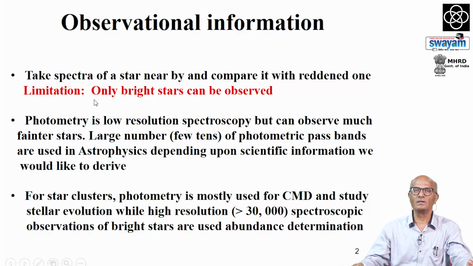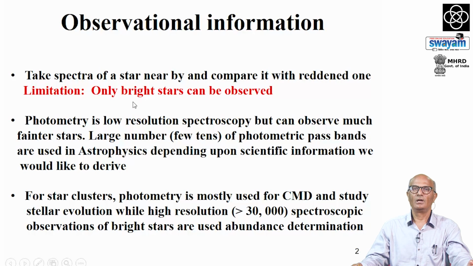But the limitation in this case is that, as we know, for getting spectra at a very good resolution, we can only observe a very bright object and fainter objects cannot be observed. It is because of this reason that astronomers long back devised a method popularly known as photometry.